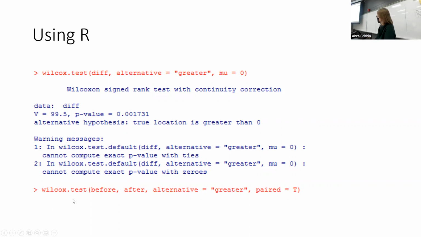The other way you can do it is by putting in the values before the diet and after the diet, and then using paired equals capital T for true, or you could use the word TRUE in all capital letters.